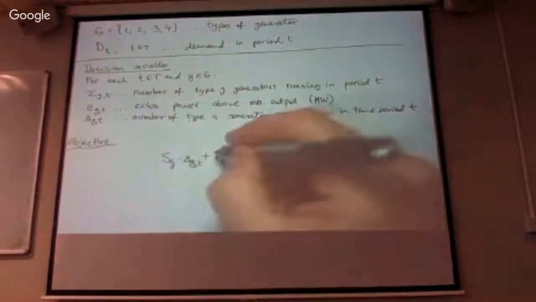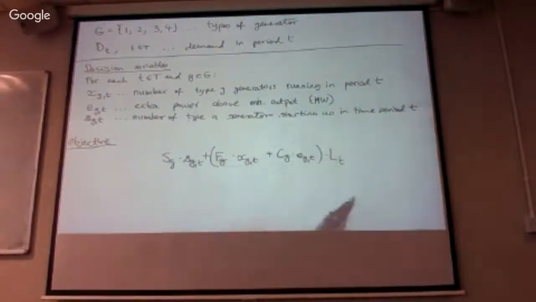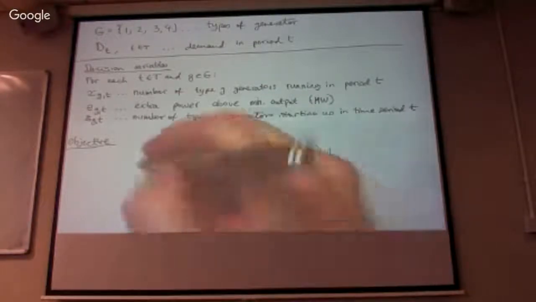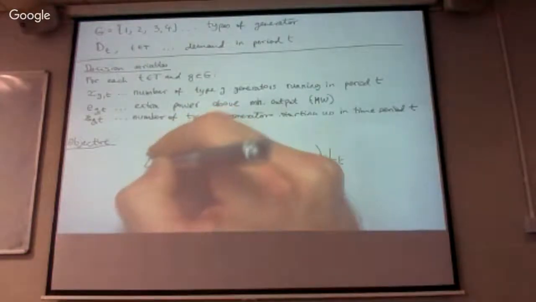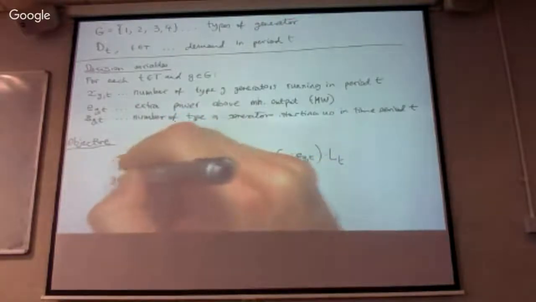Okay, so this times LT should do the job. I think we called it LT. You agree? So now these have to be added over all T's and all G's. T in T, G in G.